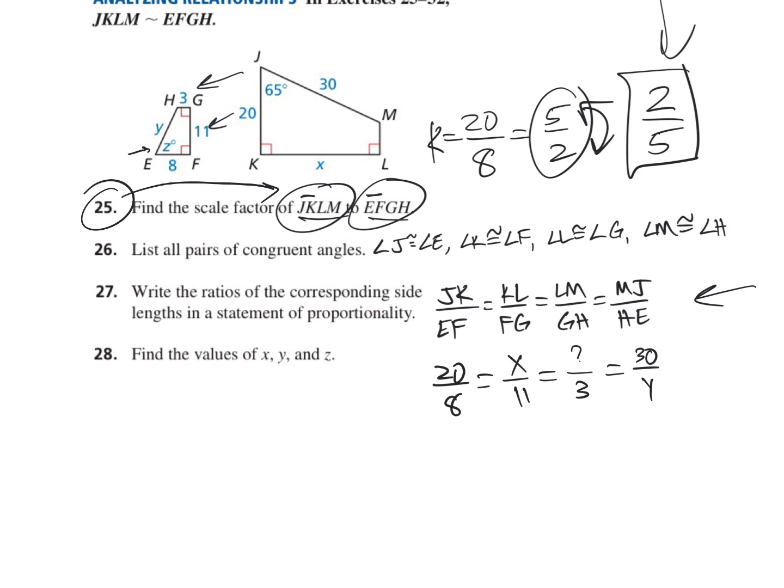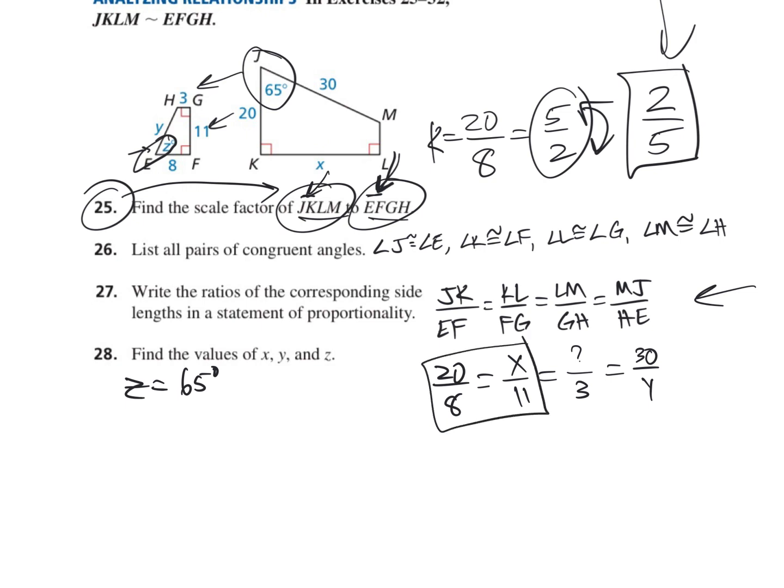Okay, so what does angle E go with? So we look at our letters here. Angle E is the first letter in this polygon, so we need to use angle J, and angle J is 65. So right off the bat, we know Z is 65 degrees. Okay, so how do we get the rest?